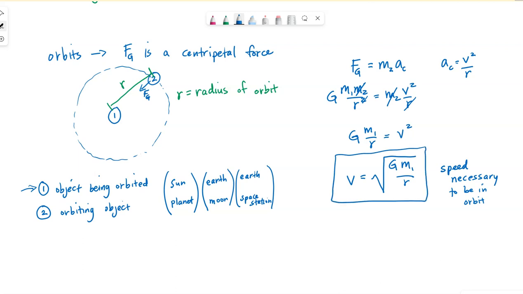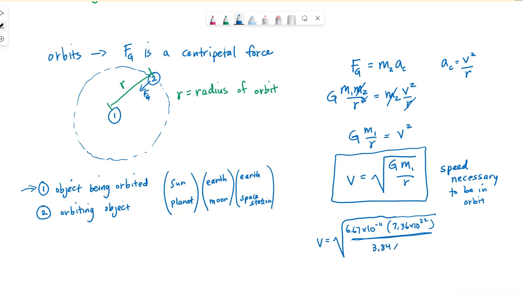So, for example, let's go ahead and plug that in. G is 6.67 times 10 to the negative 11, the mass of the moon from the test notes is 7.36 times 10 to the 22, over r, not r squared, because one of the r's canceled.